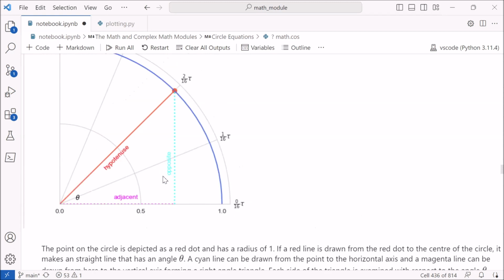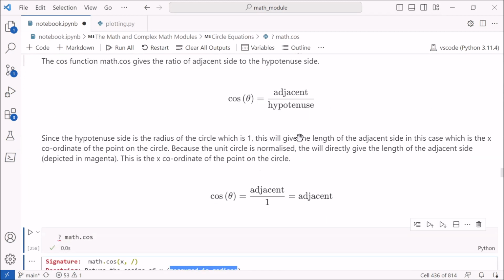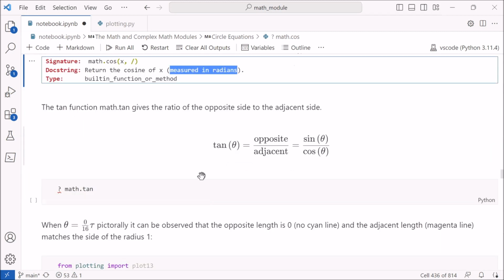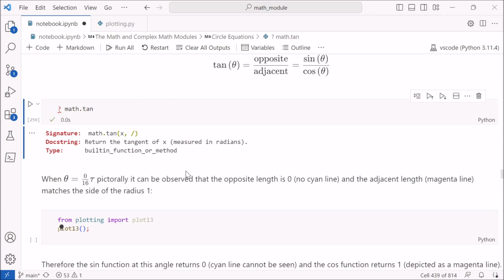So basically the sine of the angle is going to give this length, which is y, and the cos of the angle is going to give this length, which is x, and this is because we've got the radius being fixed to 1. The tan is the opposite over the adjacent, which is the sine over the cos. Once again, it's measured in radians.